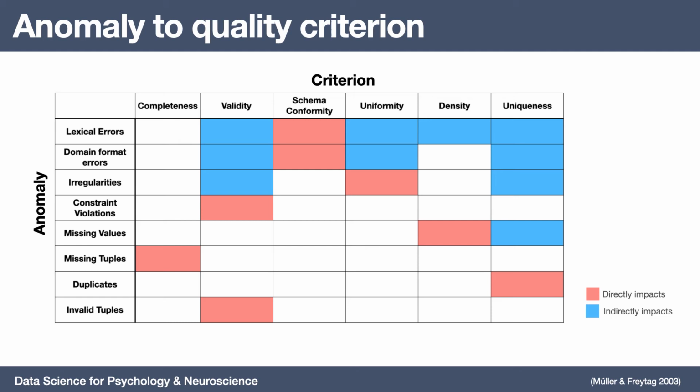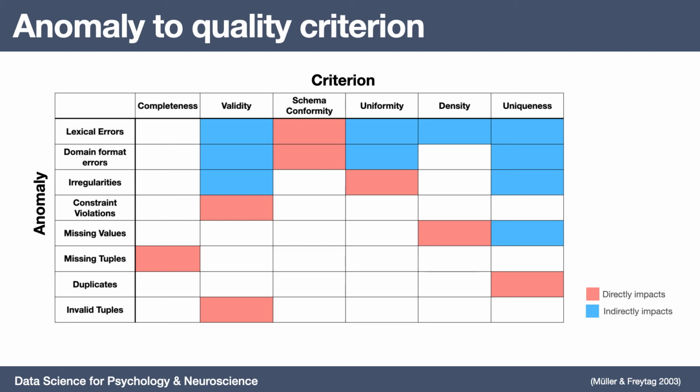Irregularities hit uniformity directly and indirectly influence validity and uniqueness criteria. Constraint violations will only impact validity directly. Missing values will impact the density as well as the uniqueness of your data. Missing tuples, on the other hand, only directly impact completeness. Duplicates will only impact uniqueness, and invalid tuples will only impact validity.